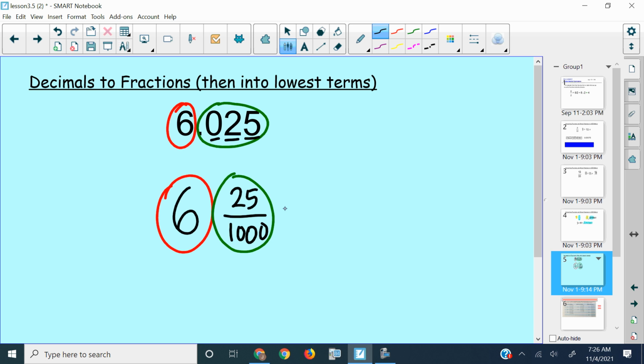Okay, so now I'm just going to divide numerator and denominator by something that goes into both of these. I think 25 goes into both of them. Always think about that 25 being 25 cents going into $1. Obviously 25 goes into 25 one time. If I had 100 divided by 25, that would have an answer of 4.